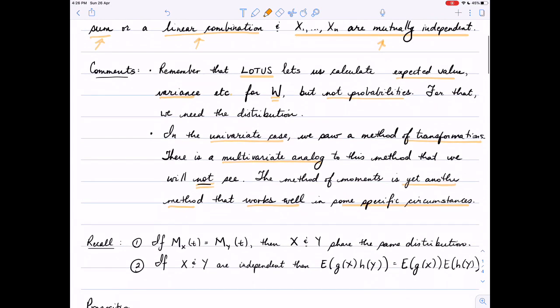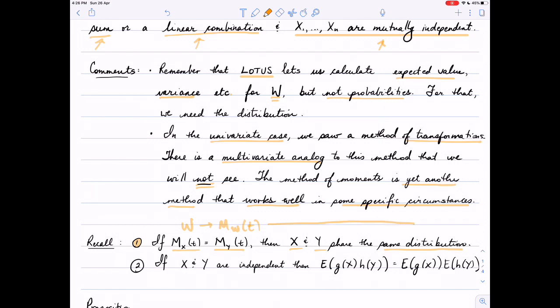So we're going to use two important results that we have seen about moment-generating functions and expectation. The first is that if the moment-generating functions of two random variables are equal, then those two random variables share the same distribution. So for our unknown distribution w, we are going to find the moment-generating function of w, and we are going to recognize it.